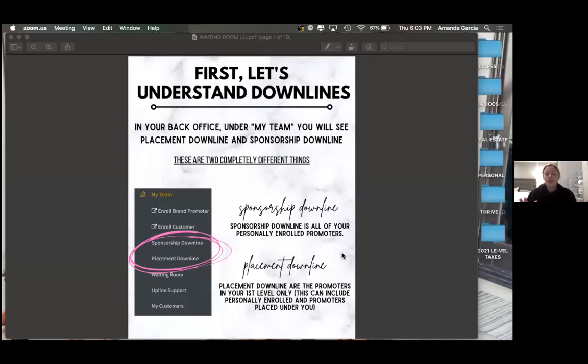This is critical to understand first, because these are where you're going to look for things for red leg, and where you're going to see people's volume and where everyone's sitting. I am going into my sponsorship downline and placement downline almost every single day, making sure that I'm checking up on things. So this is the first thing to understand and know.